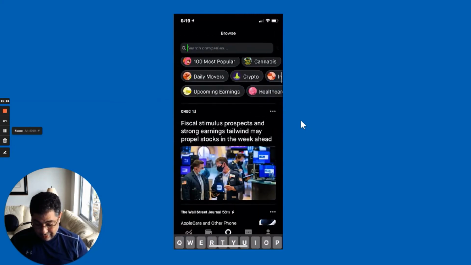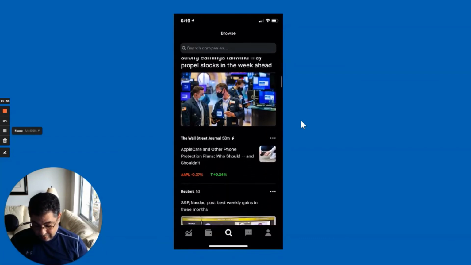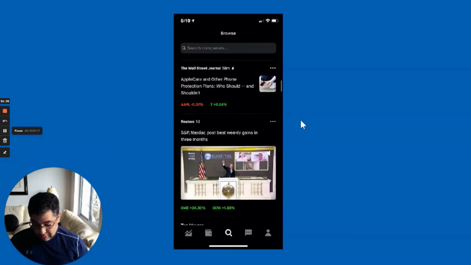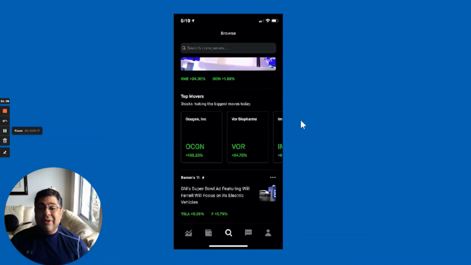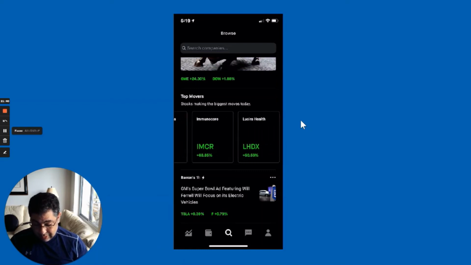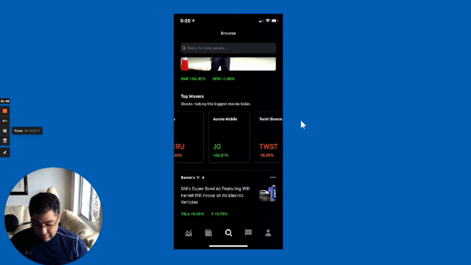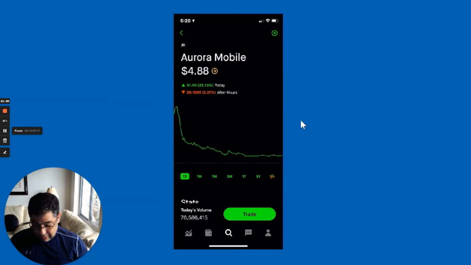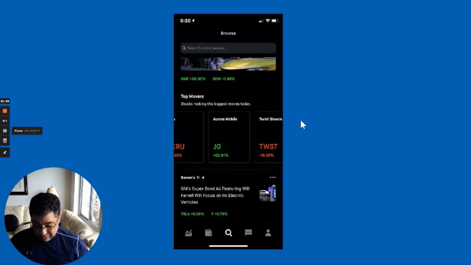So you have all these different lists. Then you also have more information from those lists. Now this one is interesting. For this that says top movers, I always like to look at this because if I see one that interests me, let's say Aurora, I click on that and automatically I get right to the stock.